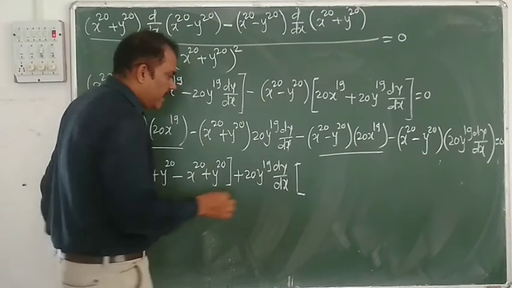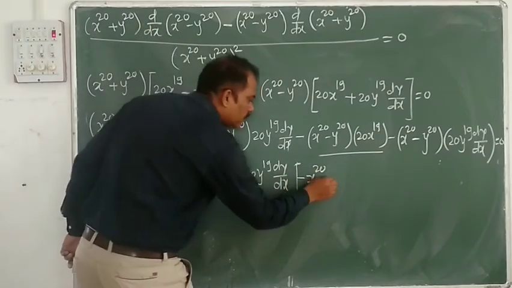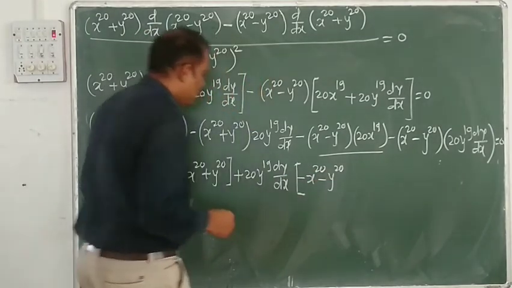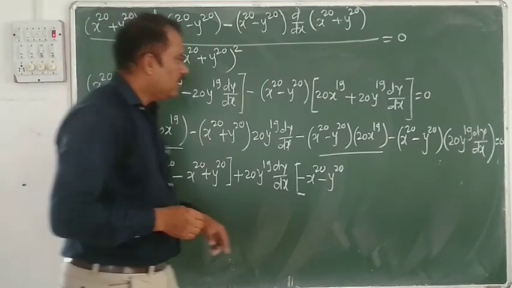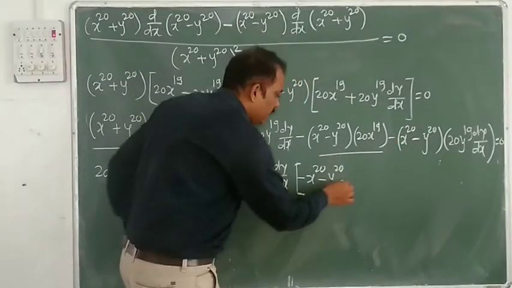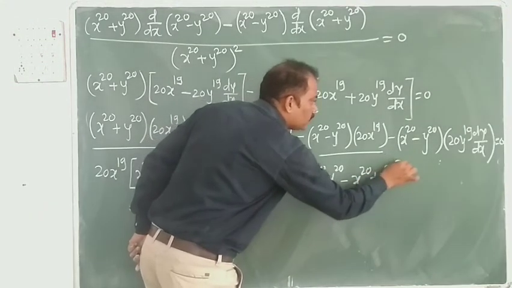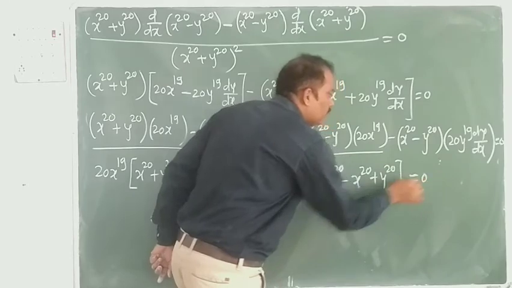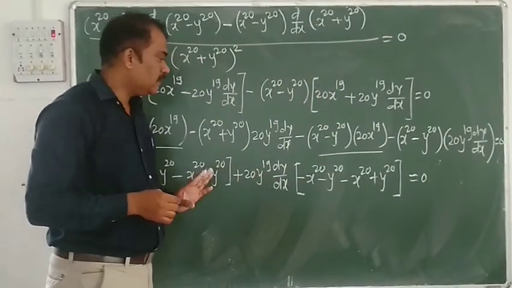Now here remaining minus x raised to 20 minus y raised to 20, when you take the minus sign inside the bracket, it's minus x raised to 20 plus y raised to 20 is equal to 0, because we take the 20 y raised to 19 dy by dx as common.